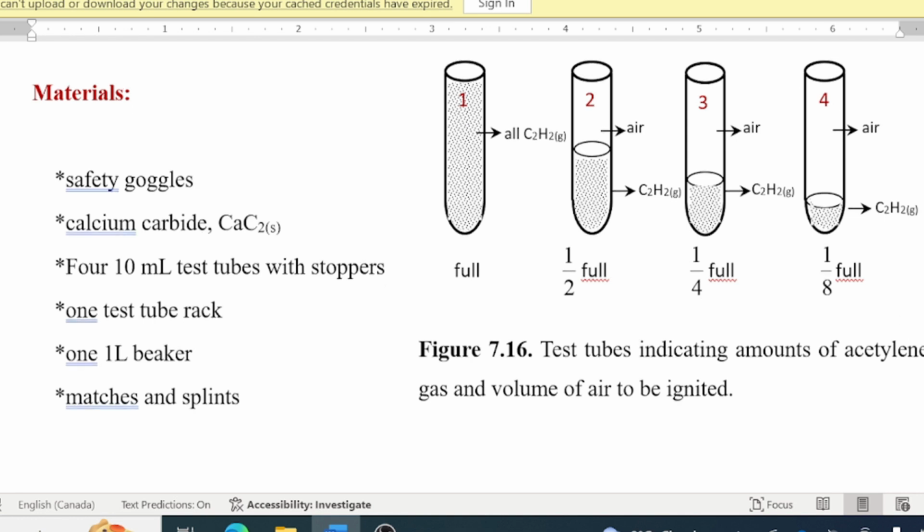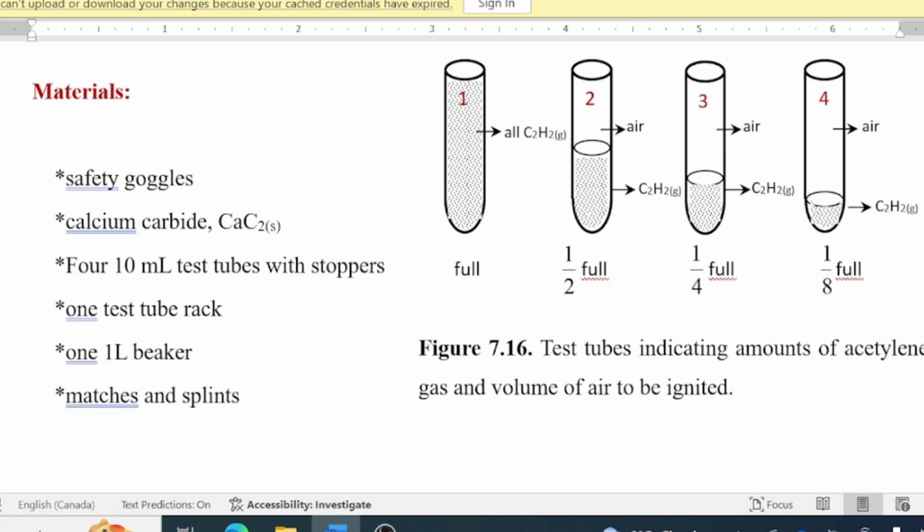So basically what you'll do in this activity is this. You label 4 test tubes: test tube number 1, test tube number 2, test tube number 3, test tube number 4. And then we'll use an indelible marker to mark half the volume of this test tube here, a quarter volume here, and 1/8 of this volume here.